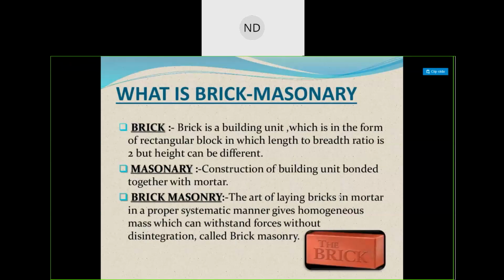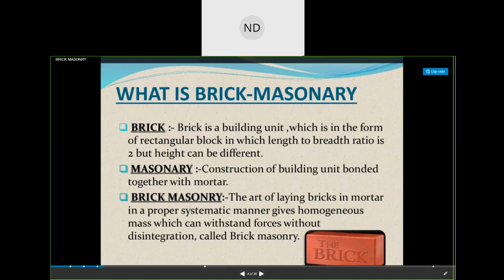So what is brick masonry? We know what a brick is: a building unit in the form of a rectangular block in which the length to breadth ratio is 2, but the height can be different. Masonry is the construction of building units bonded together with mortar.